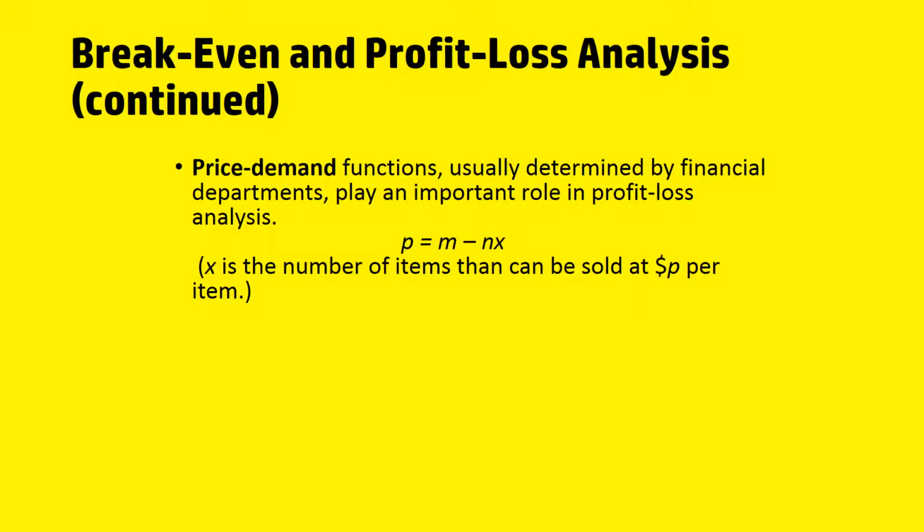Price demand functions play an important role in profit loss analysis. And price equals m minus nx. X is the number of items that can be sold at P dollars per item.